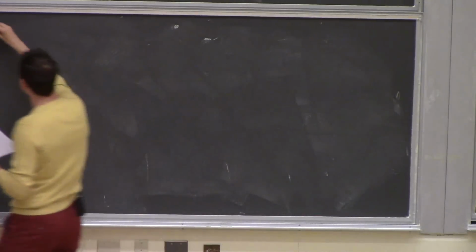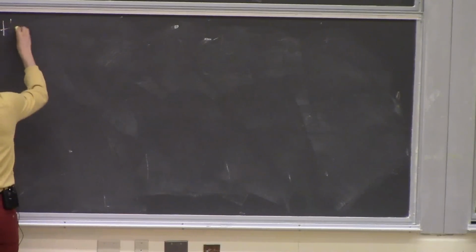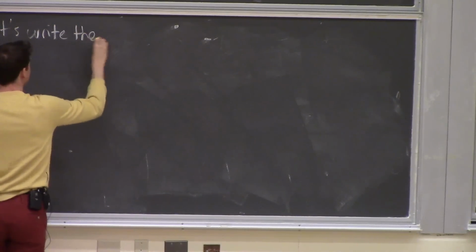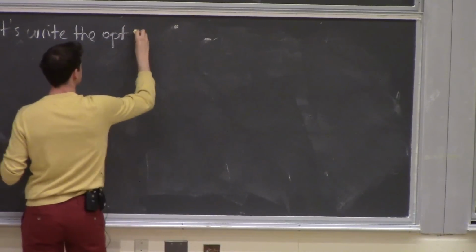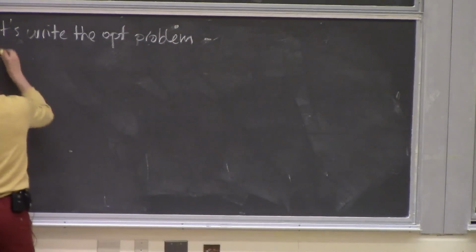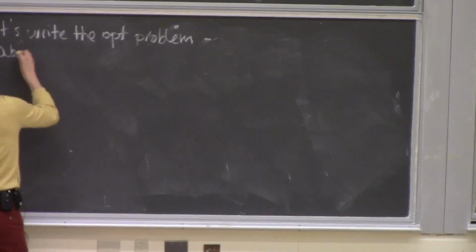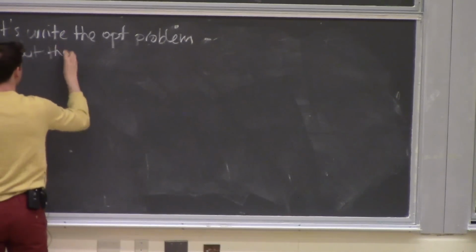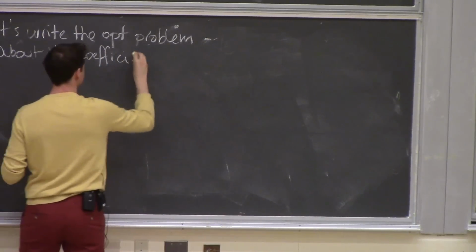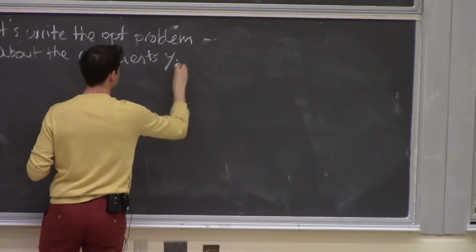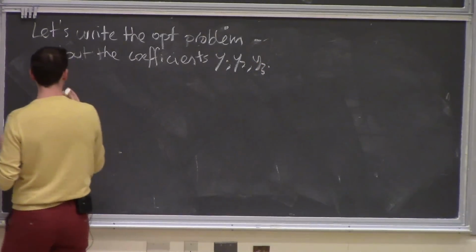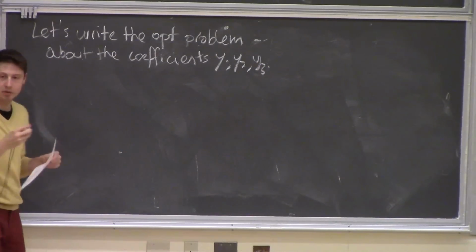So let's write the optimization problem about the coefficients y1, y2, y3. Okay? So what I want to do, I want to maximize or minimize.